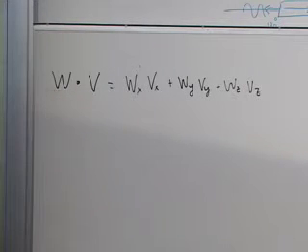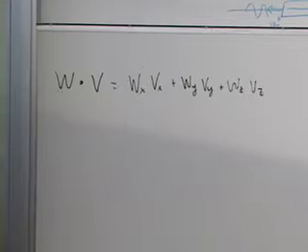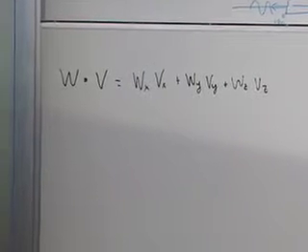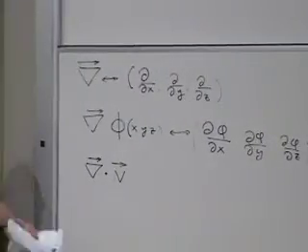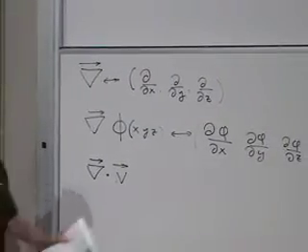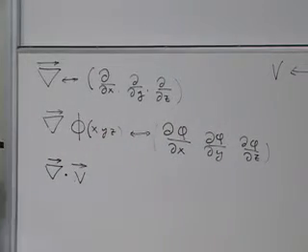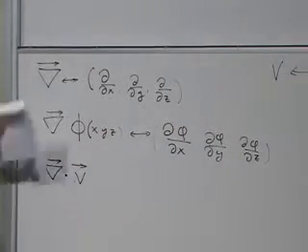All right, by the same rule, we simply pretend that the symbol del stands for a vector. It's like W, but it's not a real vector. It's just a set of operations.